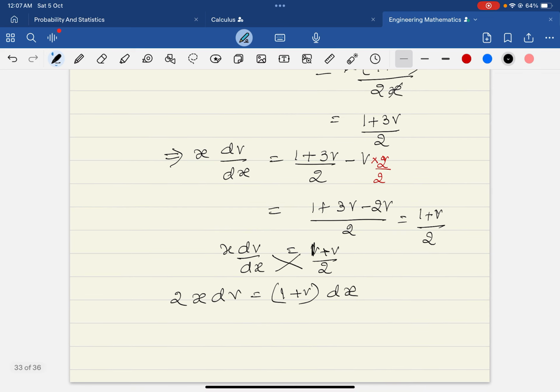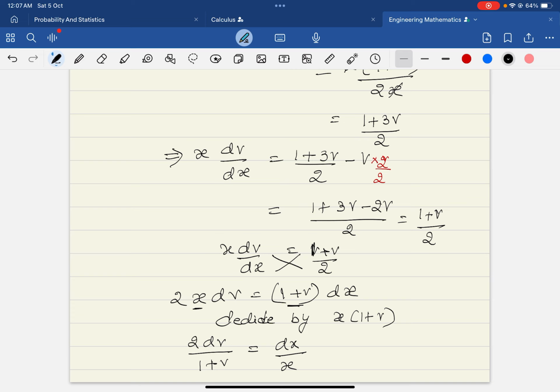So what we do, on both sides, this is x, it should not be here, and 1 plus v should not be here. So divide by x into 1 plus v. Then what we get? 2 dv over 1 plus v is equal to dx by x. I hope it is clear now.